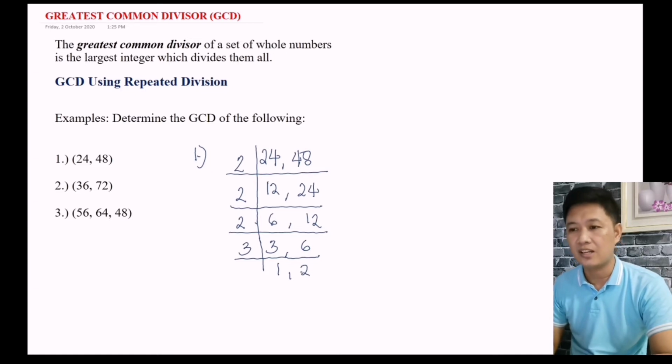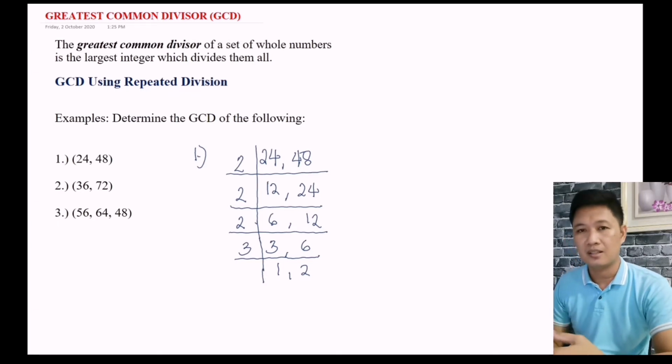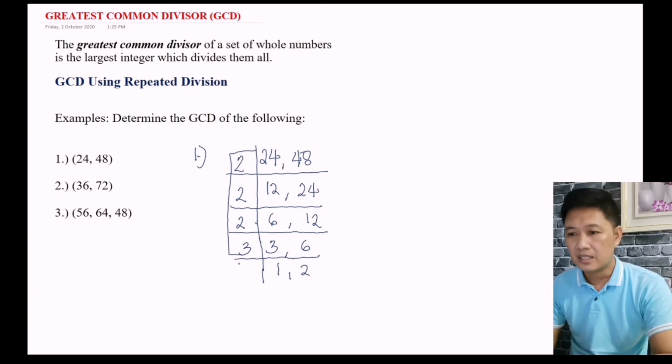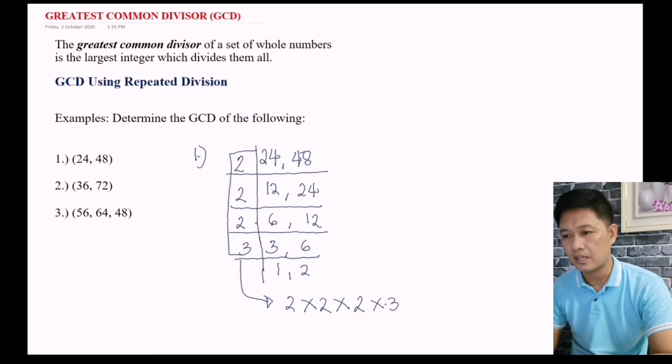Kung mapapansin ninyo, ang natira na lang ay 1 at 2. Kaya pwede na tayong tumigil sa pag-divide kasi alam naman natin na wala ng common prime factor sa pagitan ng 1 at 2. Kaya ano nang kasunod natin gagawin? Gagawin natin is i-multiply natin ang mga to. So that will be 2 times 2 times 2 times 3.